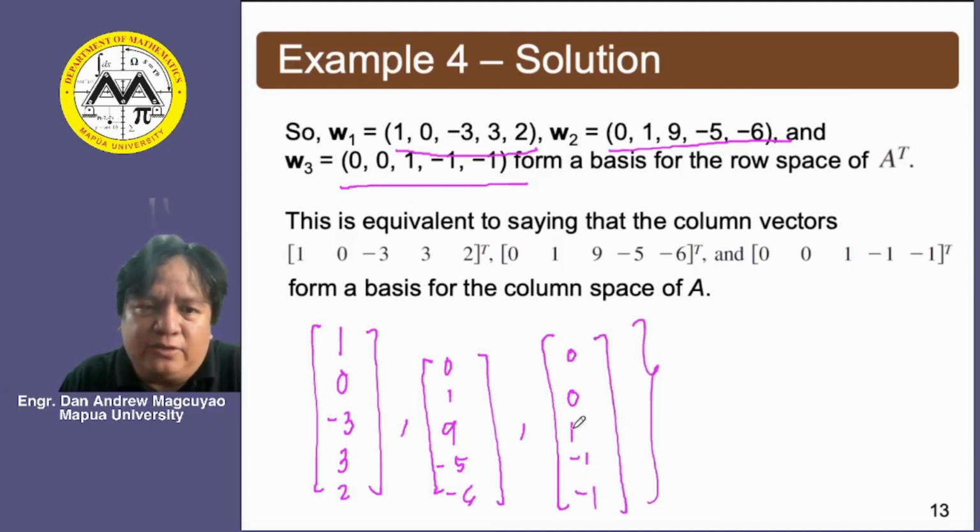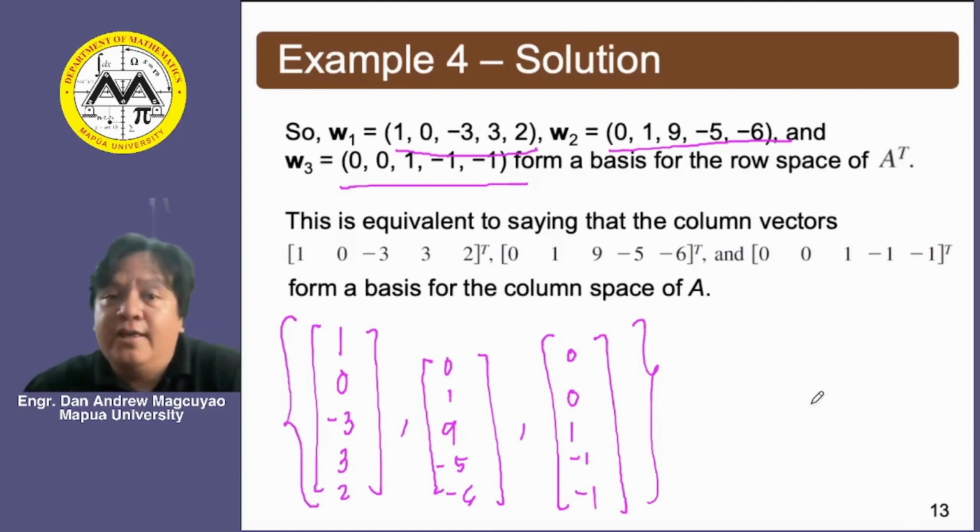These three vectors form the basis for the column space.